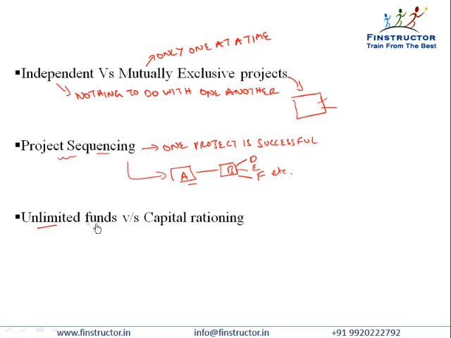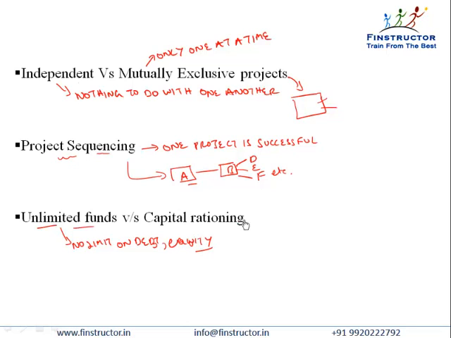Unlimited funds implies that all potentially valuable projects should be accepted. That is, there is no limit on the amount of debt and equity I will be able to raise. There are enough banks sitting to fund me, and there are enough equity investors who will provide the equity for my projects.